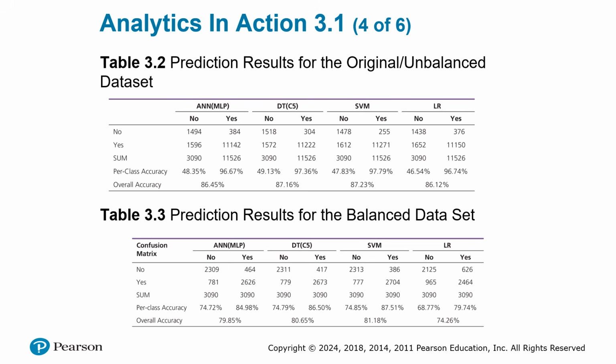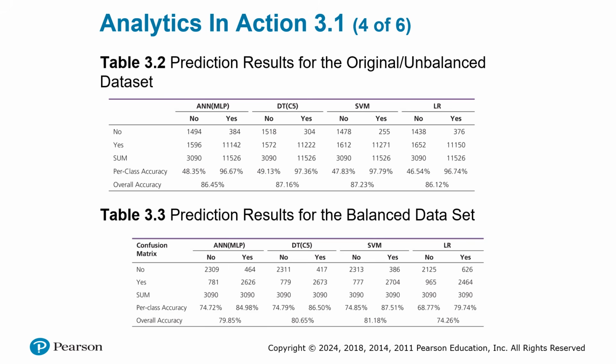The unbalanced data set provides 87.16% accuracy, 87%, 86%, and if you see the balanced data, the accuracy is reduced. But again, you can easily compare both results and decide which is better.